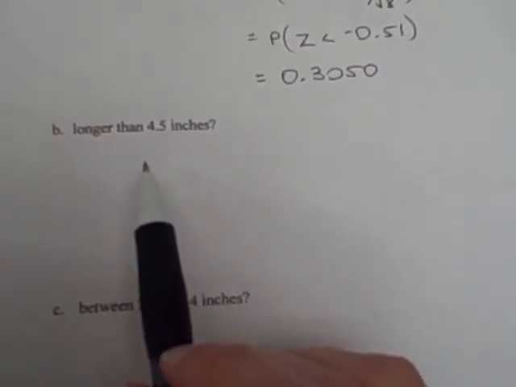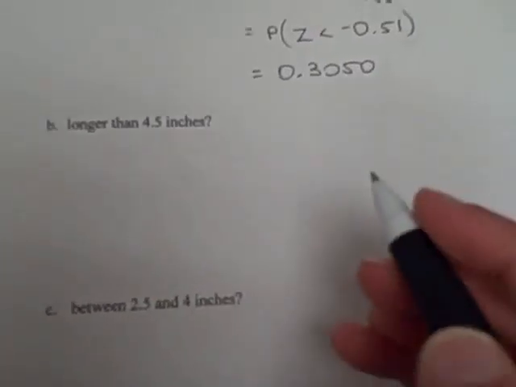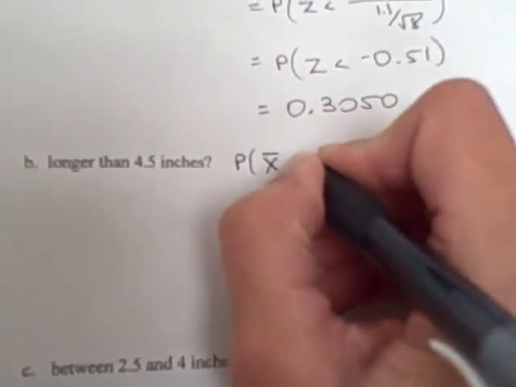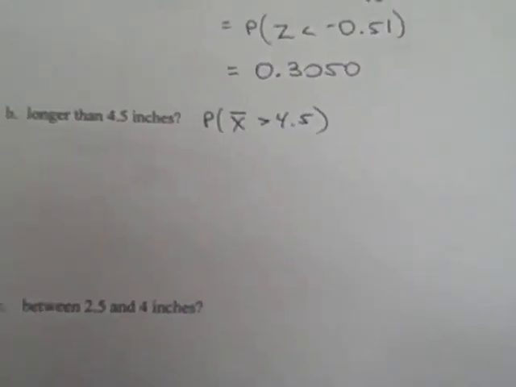Let's look at the next one. We want to know the probability that the mean diameter x bar for these oranges is longer than 4.5 inches. So the probability that x bar is greater than 4.5. Again, if you put greater than or equal to, that's fine.